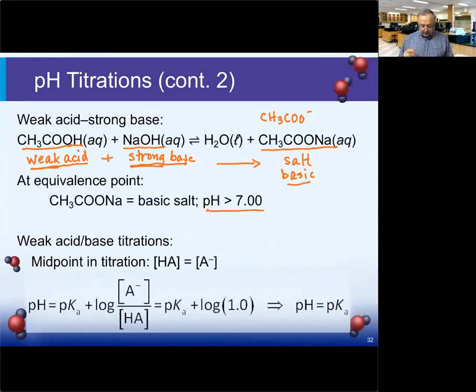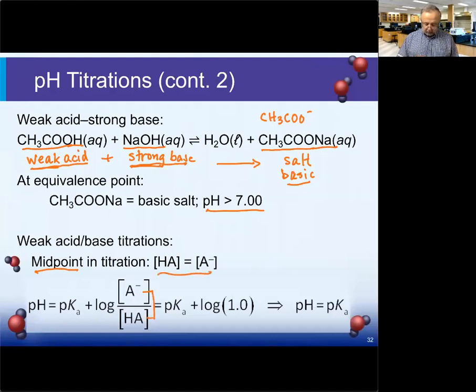When it is not a strong acid and strong base, then we're going to have a point in the titration in which we're converting the acid to its conjugate base. So at the midpoint, that is when we have added half of the amount that we need to reach the endpoint, the concentrations of acid and base are going to be the same. Why?